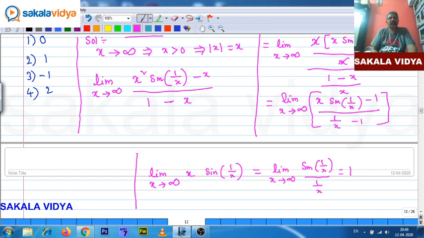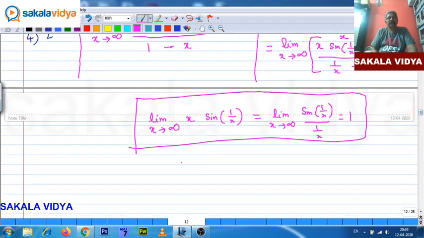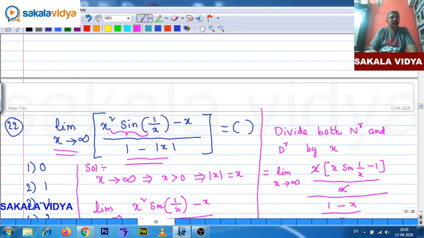So you remember this condition. So now this value is 1, and as x approaches infinity, 1 by x is 0, so (1 minus 1) by minus 1, that is 0 by minus 1, equal to 0. So the first option is the right option.